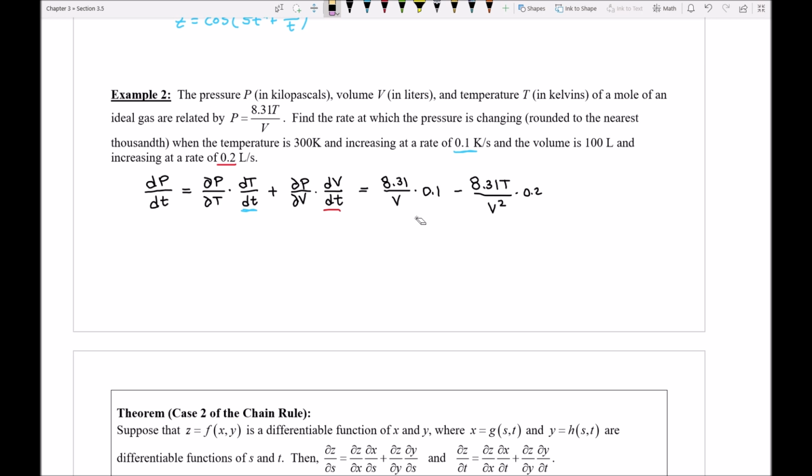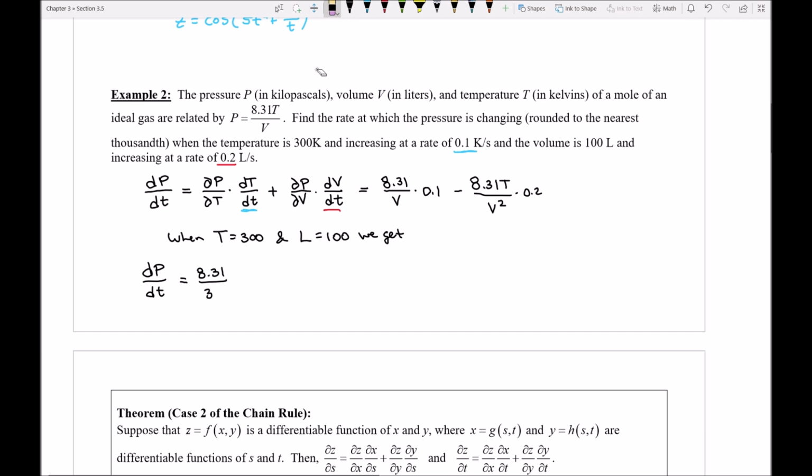However, if I want to evaluate this derivative at a specific moment, then I can go ahead and produce a final numerical value for the derivative that I want. So I can say here that when I have T equal to 300, which is what the problem tells me, and V equal to 100, we get that my derivative for the pressure is going to come out equal to 8.31.